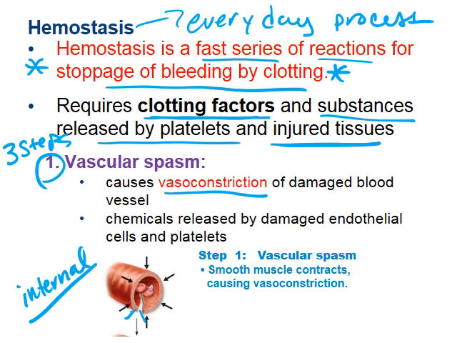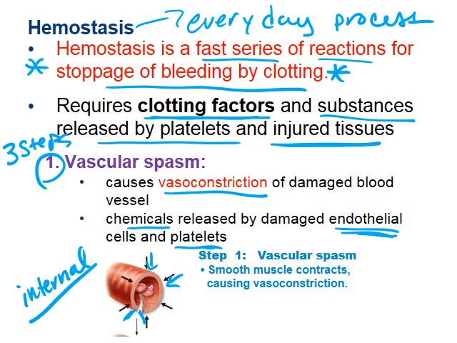Okay, so you see that there's a tear here in the blood vessel, and the first thing that's going to happen is vasoconstriction. You see all the little arrows pointing in. The blood vessels are going to constrict and become smaller. There are chemicals released by the endothelial cells and the platelets that start to stick. Remember, platelets don't stick until the endothelial cells are damaged or until they stop producing that prostacyclin that we talked about in the last lecture.